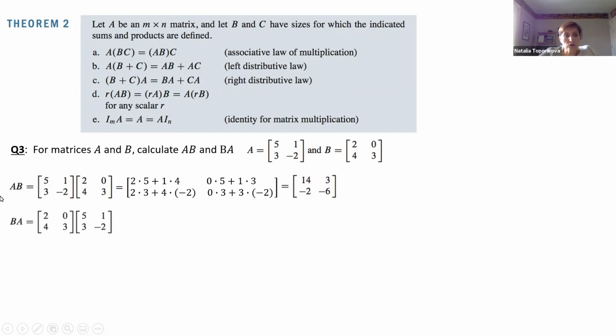Now let's go the other way. Let's take matrix B and multiply it by A. Again, first row, first column; first row, second column; second row, first column; second row, second column. The resulting matrix, you probably noticed, is quite different from the product AB.